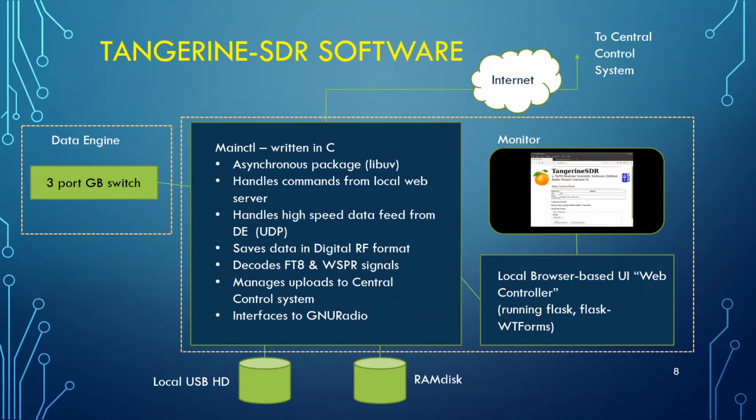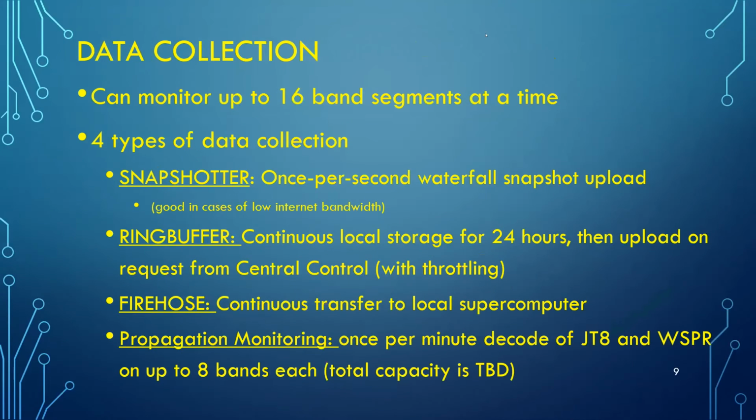As far as data collection, our idea, and this is aspirational, whether we actually end up achieving this is still to be determined, is to monitor up to 16 band segments at a time, and hopefully maybe more. We envision four different types of data collection. Let me talk through those. First, what I call a snapshotter.